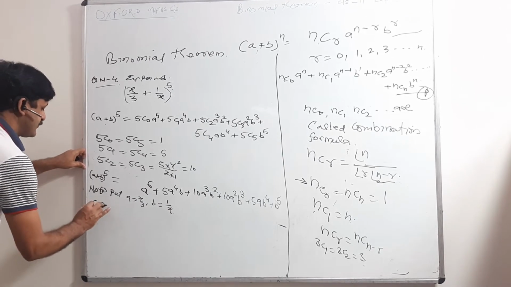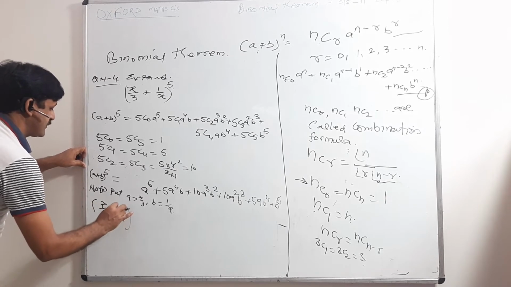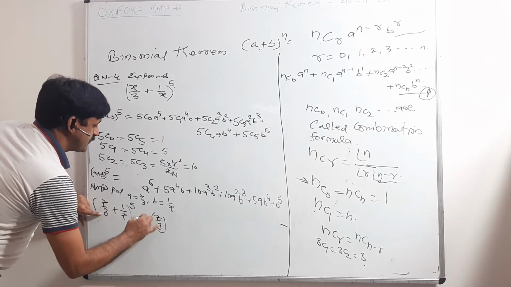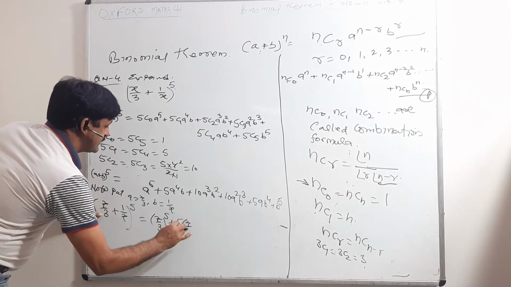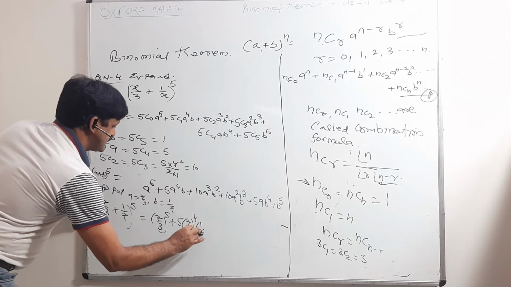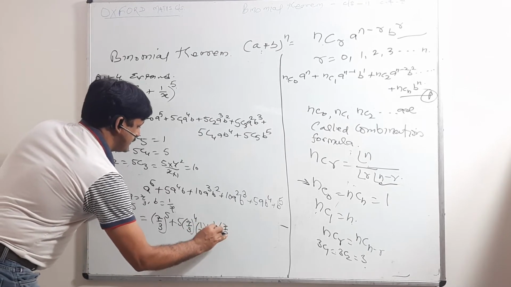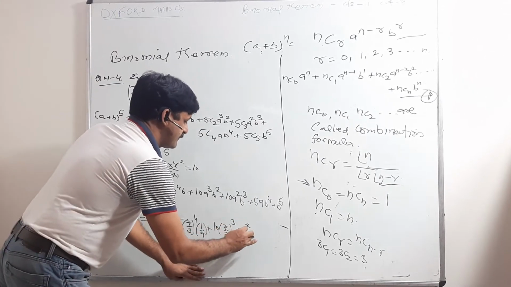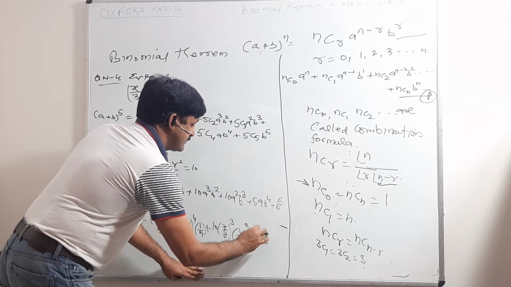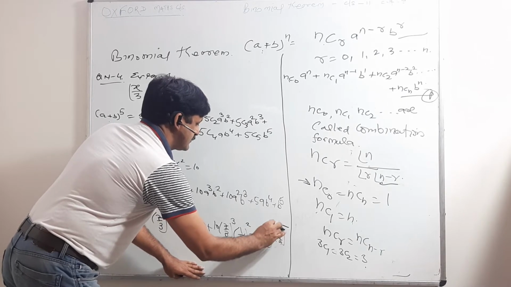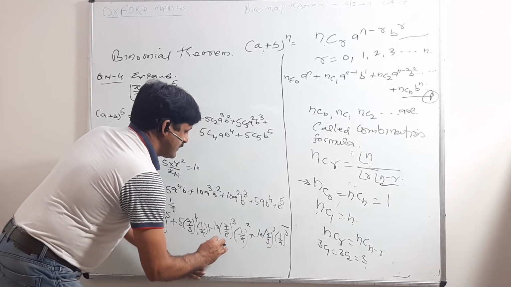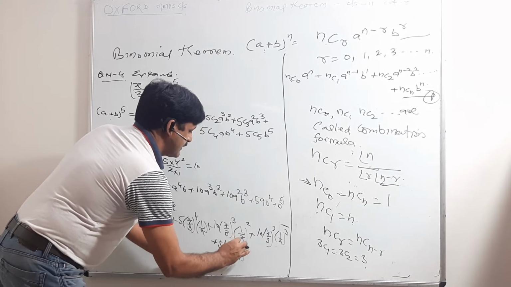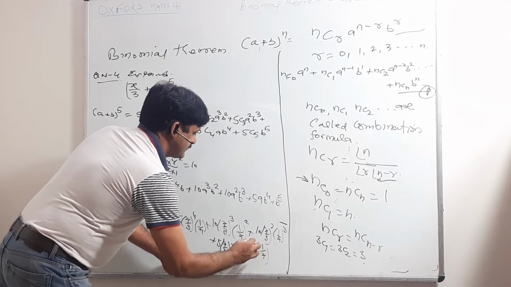So (x upon 3 plus 1 upon x) whole power 5 is equal to, a means x upon 3, that is (x upon 3) whole power 5 plus 5 (x upon 3) whole power 4 and 1 upon x plus 10 (x upon 3) whole power 3 (1 upon x) whole power 2 plus 10 (x upon 3) whole square (1 upon x) whole cube plus 5 (x upon 3) and (1 upon x) whole power 4, and last is (1 upon x) whole power 5.